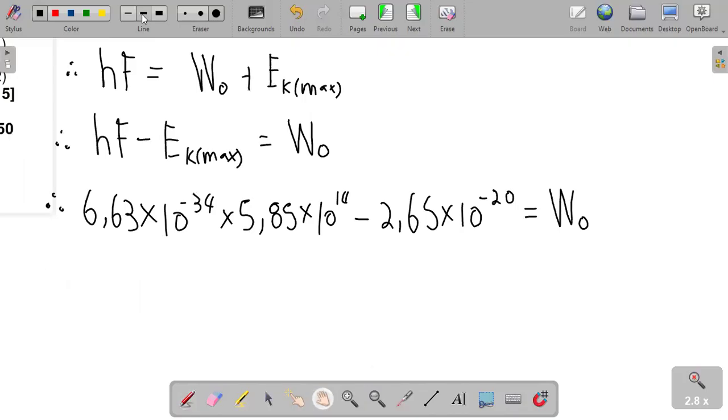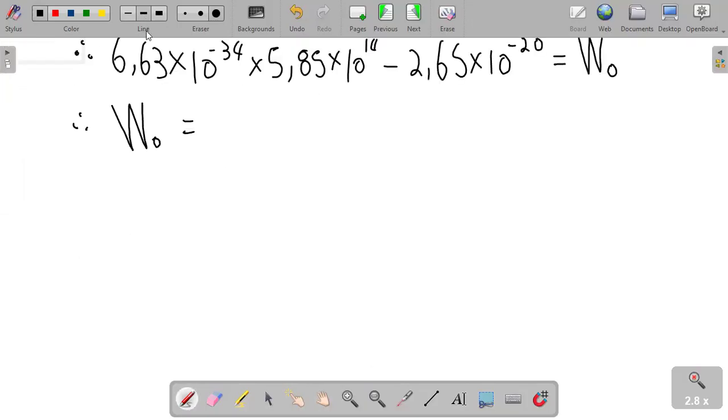We can use a calculator here to get the work function. And then from there, we come again and say E equals the work function plus EK max.